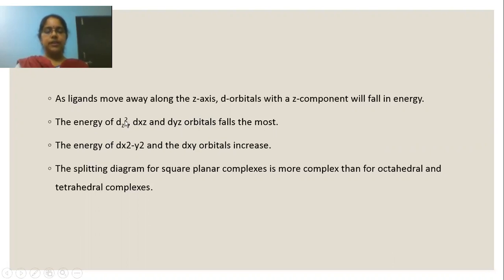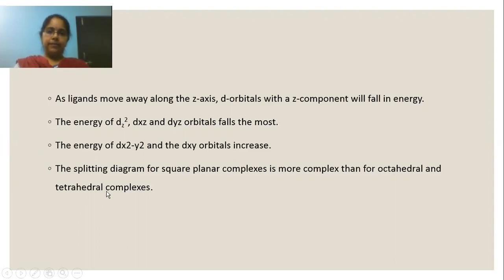That is, the energy of dz square, dyz and dzx will decrease, whereas the energy of dx square minus y square and dxy orbitals increases. The square planar geometry is imagined to be obtained from an octahedral geometry.